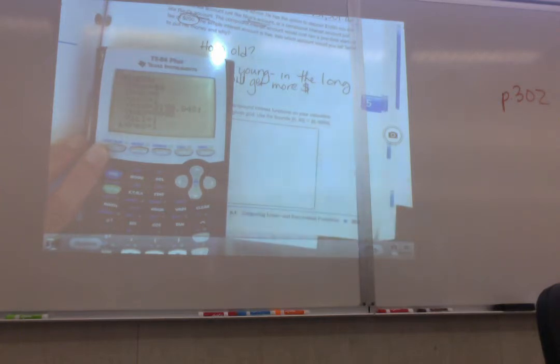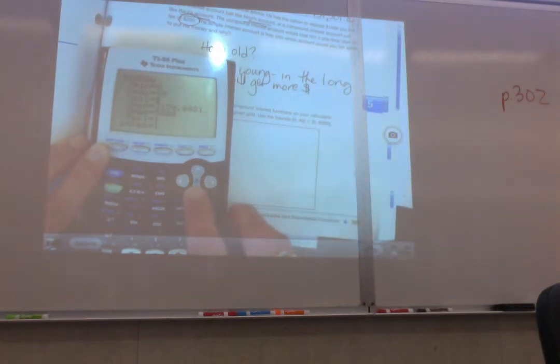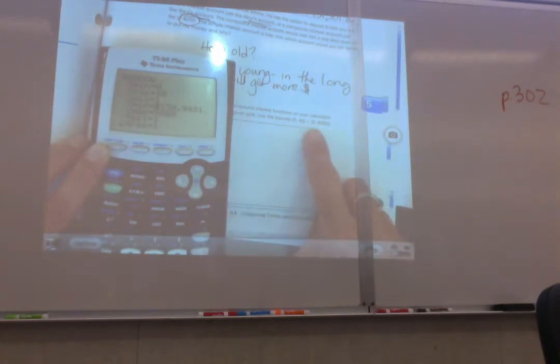So they're saying go 0 and a max of 40. Remember, this is going to be years. So from 0 to 40 years is why we're changing those boundaries. And then on the Y, that's going to be money. We're going to go from 0 min to 6,000.